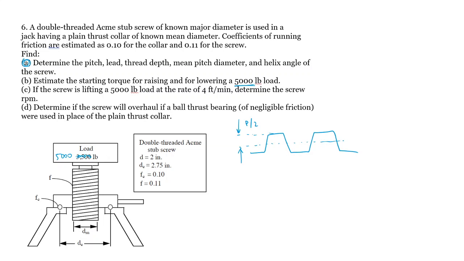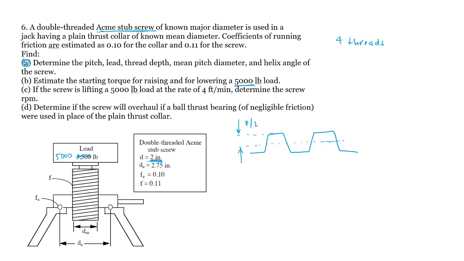So one thing that you would get from a table or just by googling Acme stub screw of nominal diameter of 2 inches is that they have 4 threads, like starting from like 1.5 if I'm not mistaken.